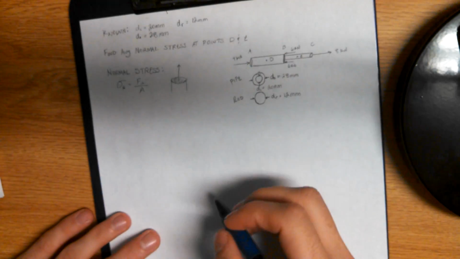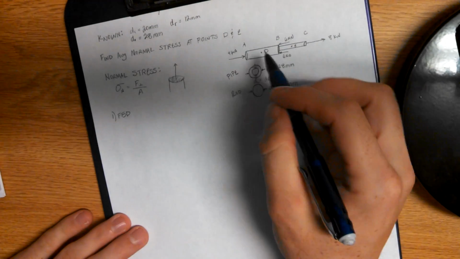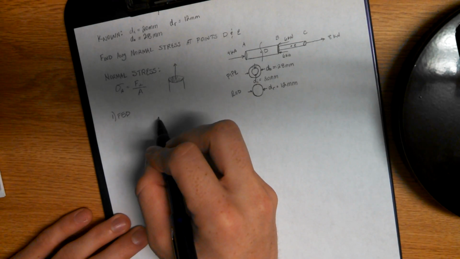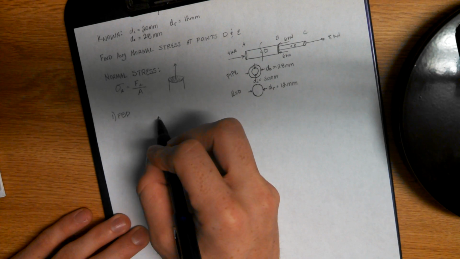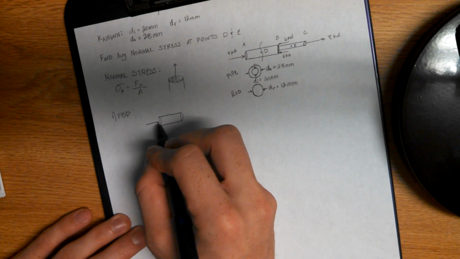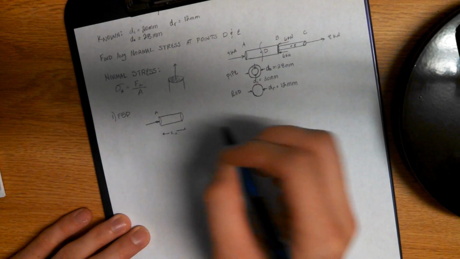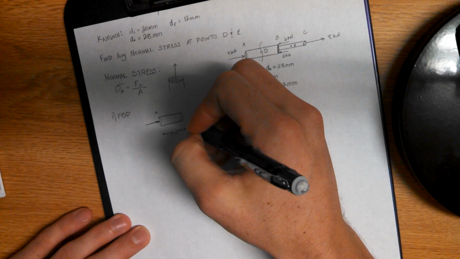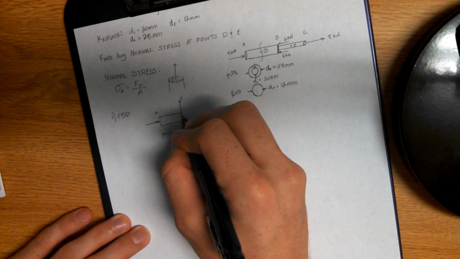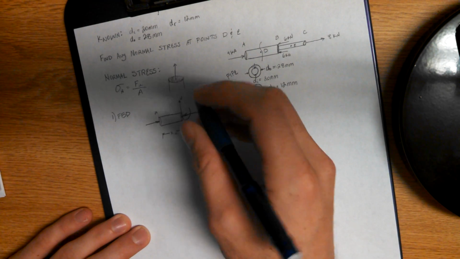Alright, so the first thing we're going to do is draw a free body diagram. To do that, let's cut the member at D, and we'll say the force acting at point A, see here, so we have a shear, a normal force, and a moment.